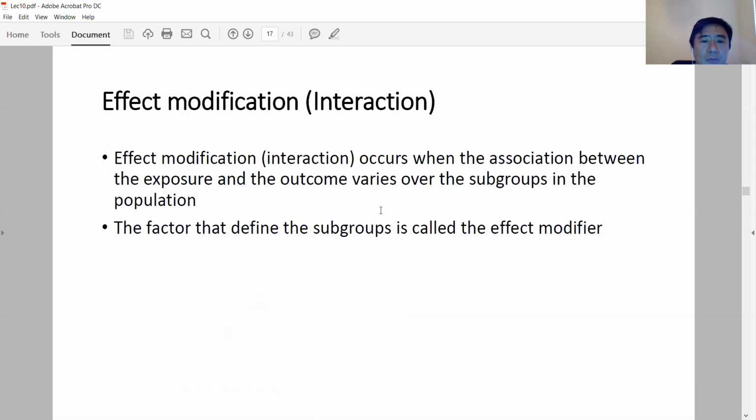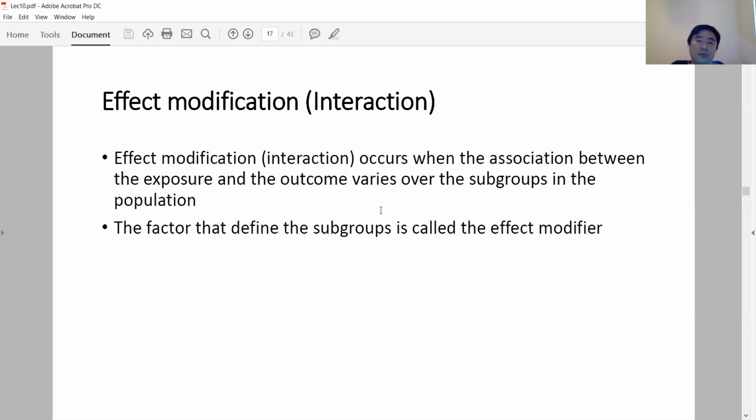So if you have more than two predictor variables, you can see if one predictor variable, one factor, is an effect modifier on the relationship between the other predictor variable and the outcome, and then you can put interaction terms between this factor variable and the exposure, and then you test the significance of the interaction terms.